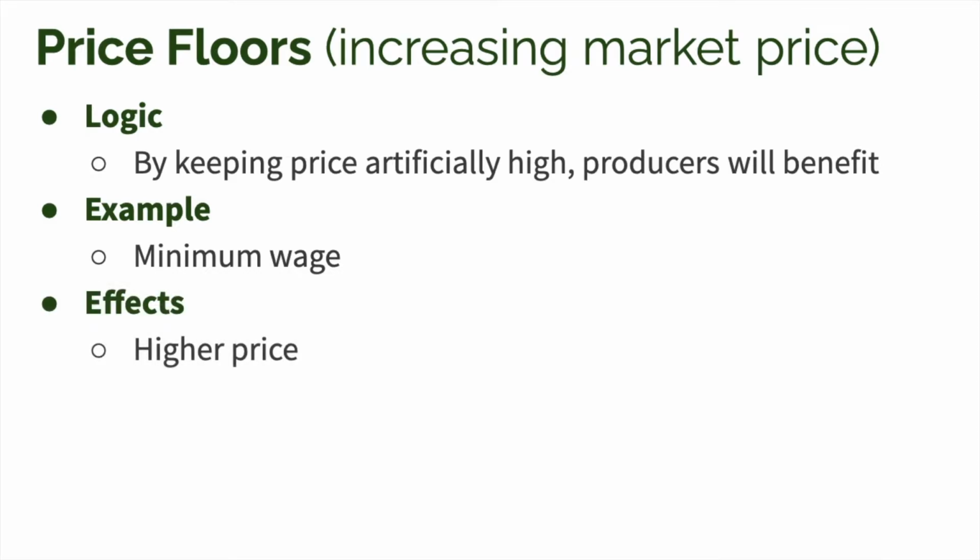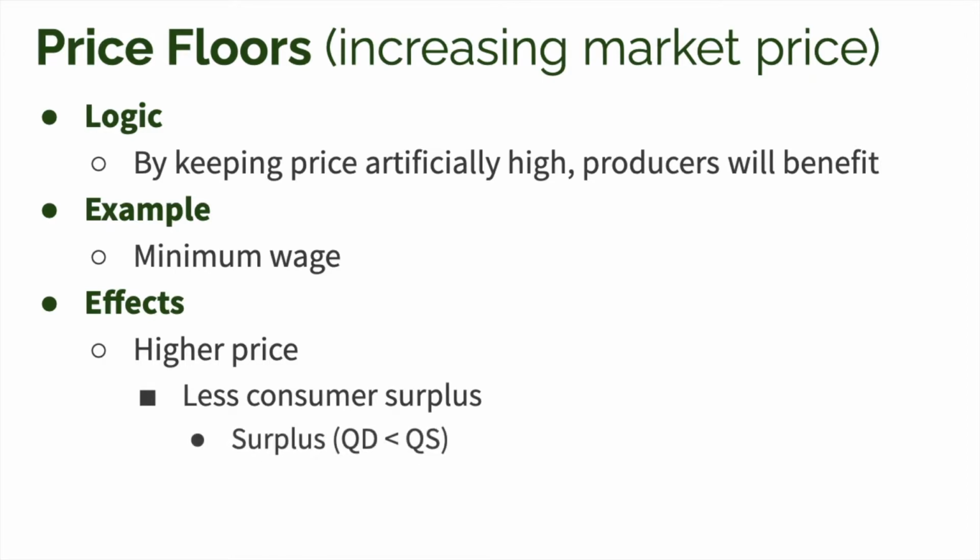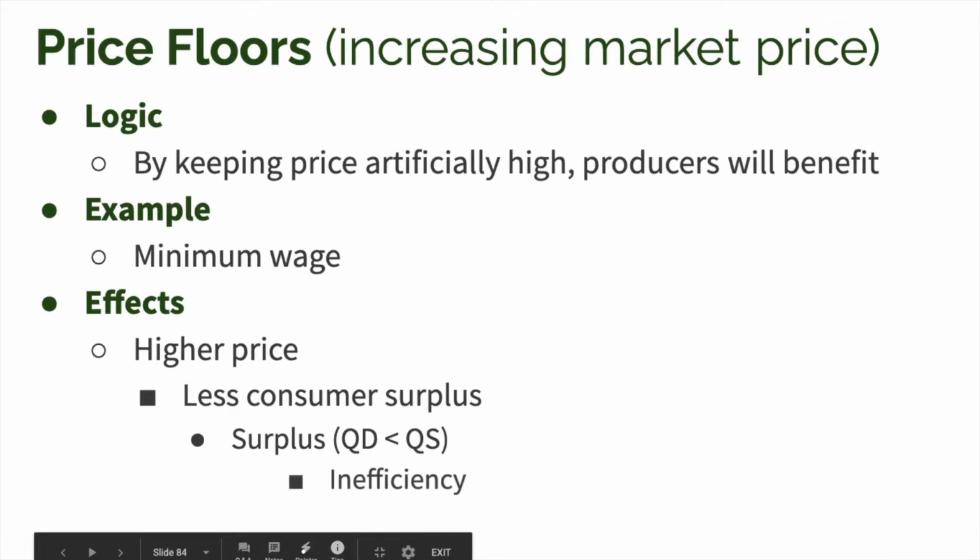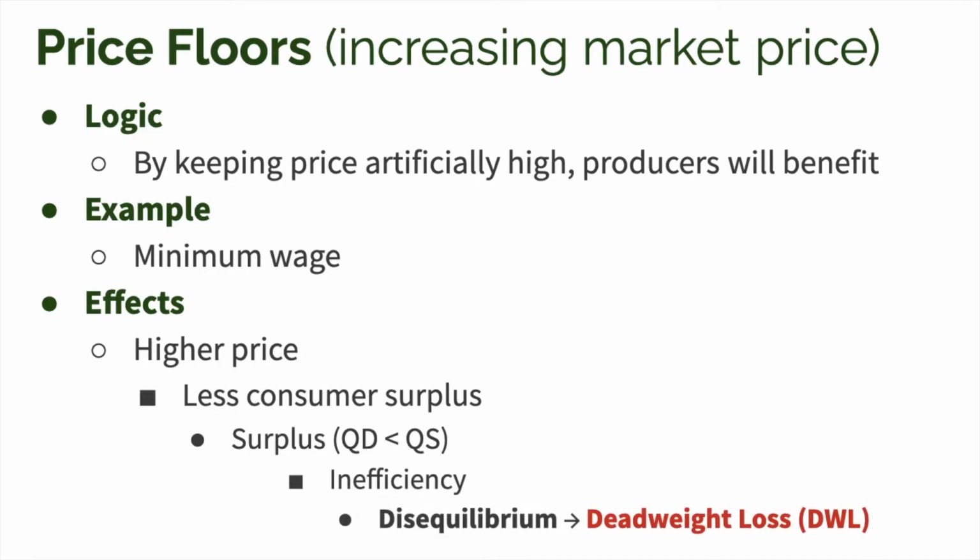Now, the effects of this are a higher price or wage in the market, less consumer surplus as a result. It's also going to result in a surplus in terms of quantity demanded being less than quantity supplied, which is going to create inefficiency or disequilibrium and leads to something that we call dead weight loss.